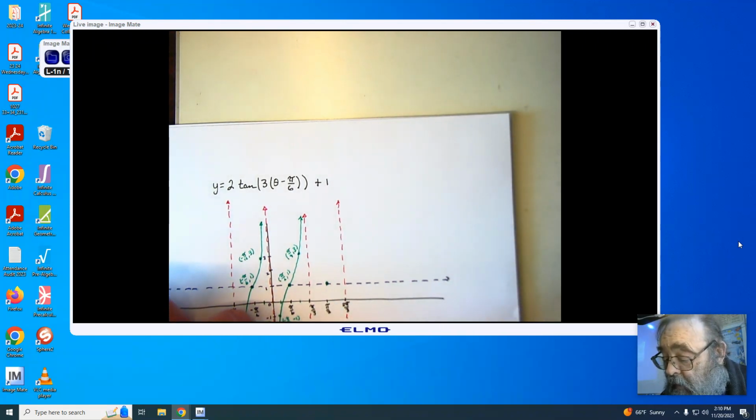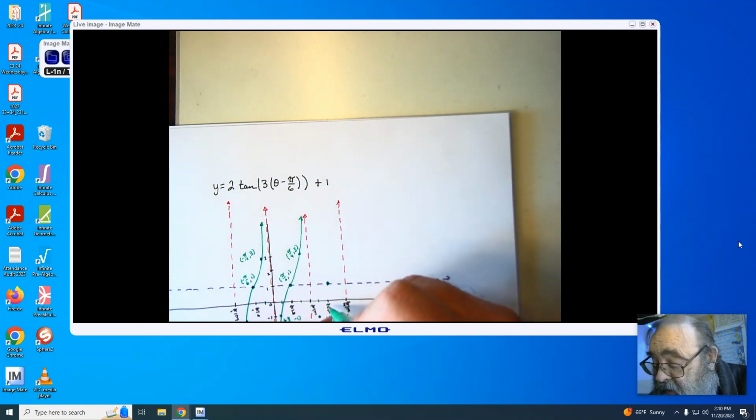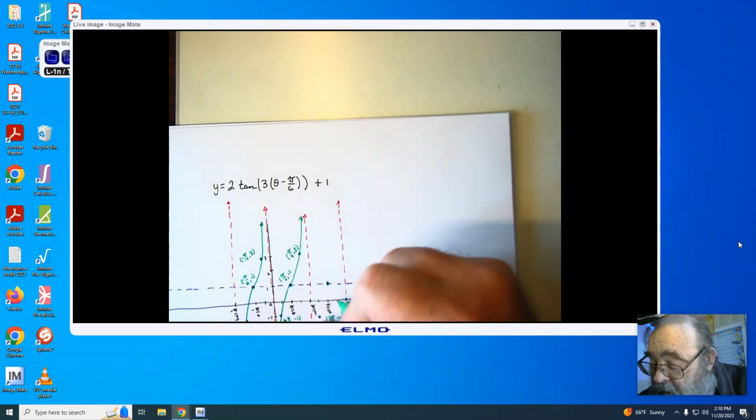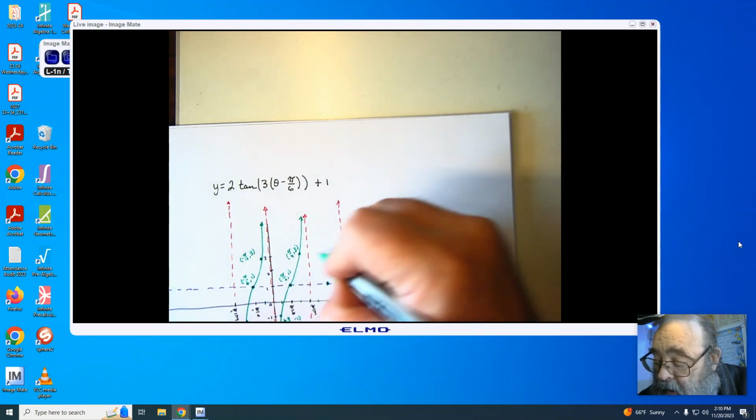And then I would continue. So if I have positive pi over 12, 2 pi over 12, 3 pi over 12, 4 pi over 12, this one has to be 5 pi over 12. So 5 pi over 12 is going to be at negative 1. 6 pi over 12, 7 pi over 12. That's going to be right here.